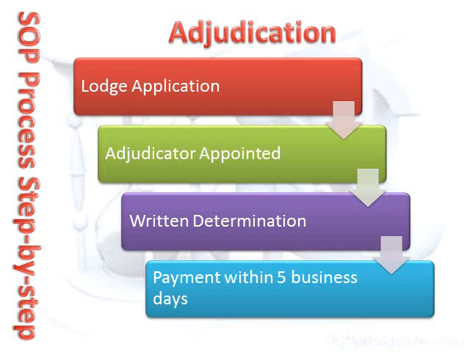The adjudicator will be given a copy of the adjudication application and the adjudication response. Under the Act, the adjudicator must take into account the Act, the contract, the payment claim, the payment schedule, if any, the adjudication application submission, and the adjudication response submission, if any.